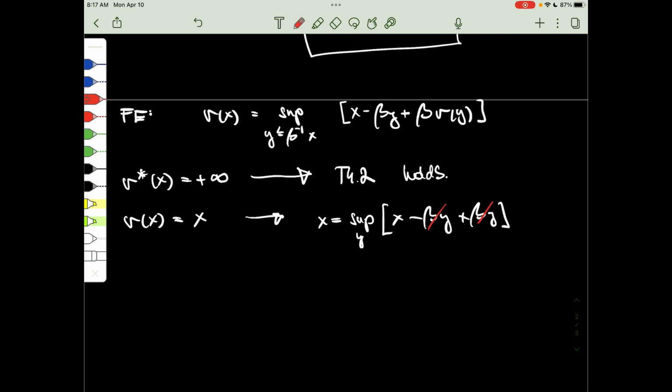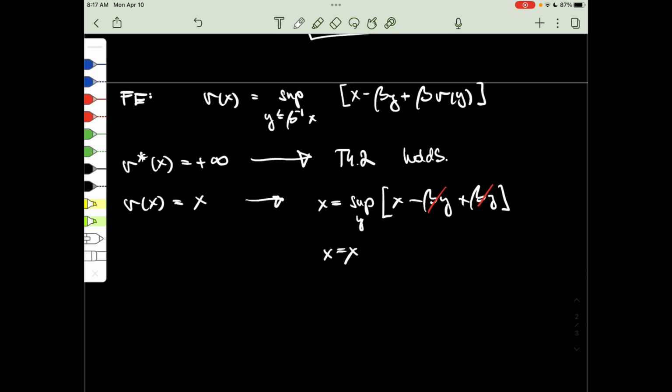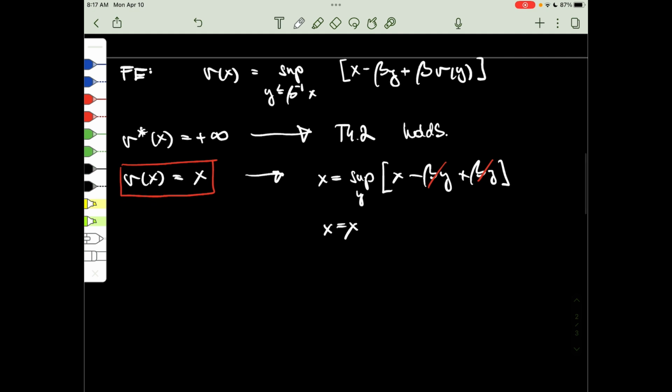So at any y, x equals x, so no matter what policy we follow, this value function satisfies the functional equation.